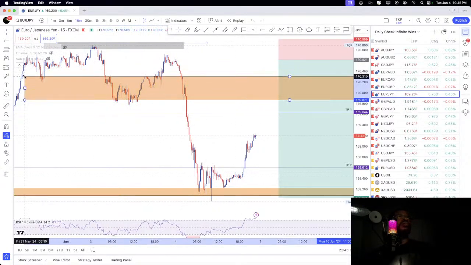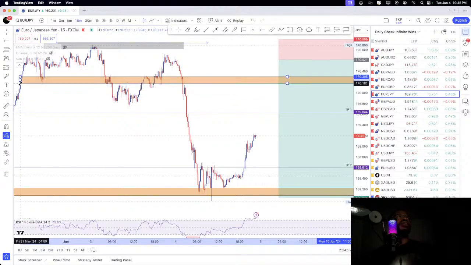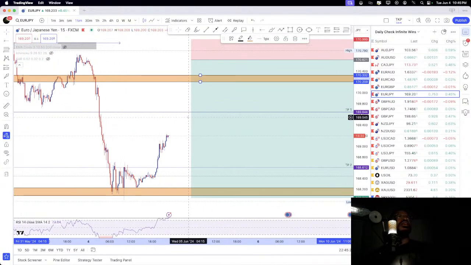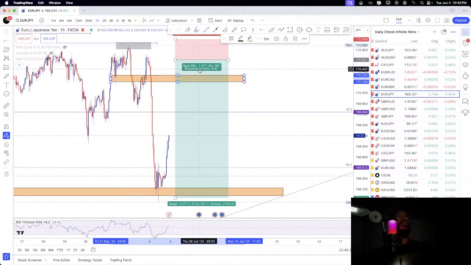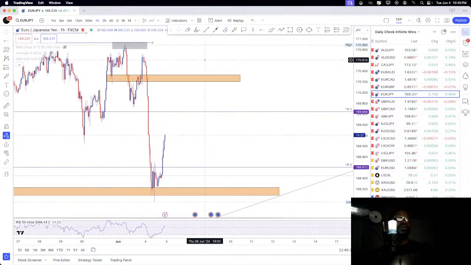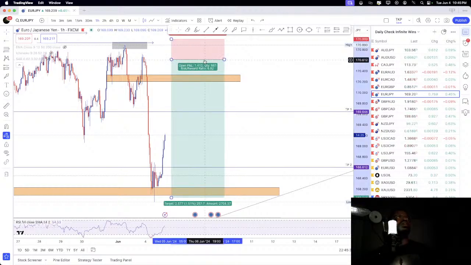Let's play this level of structure right here. As far as an area to add to this position, let's move this over. Oh, that's not over. That's deleting.